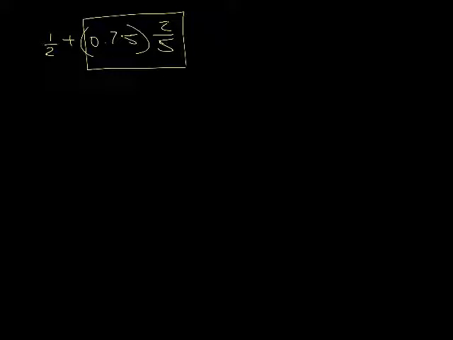It gives you 1/2 plus 0.75 times 2 over 5. So right now I've got this to deal with. And I can do another little tip here. You can take 2 divided by 5 and get 0.4.